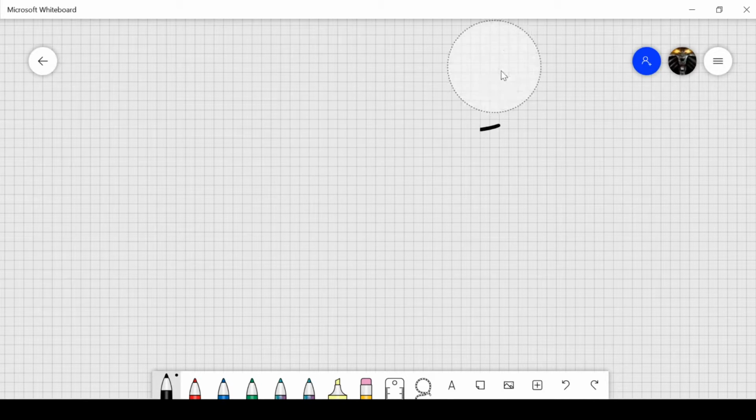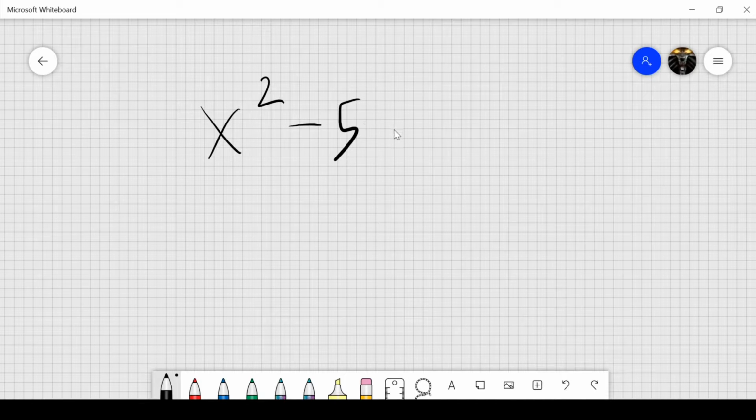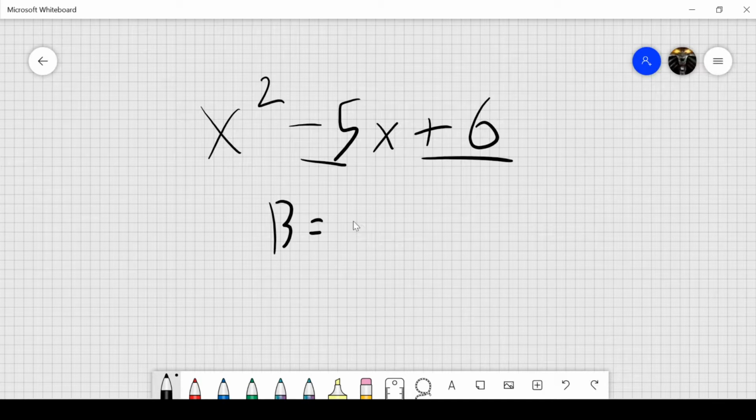A quick example of this is x squared minus 5x plus 6. Really quickly, we want to take a look at our signs. We've got B equaling -5 and C being +6.